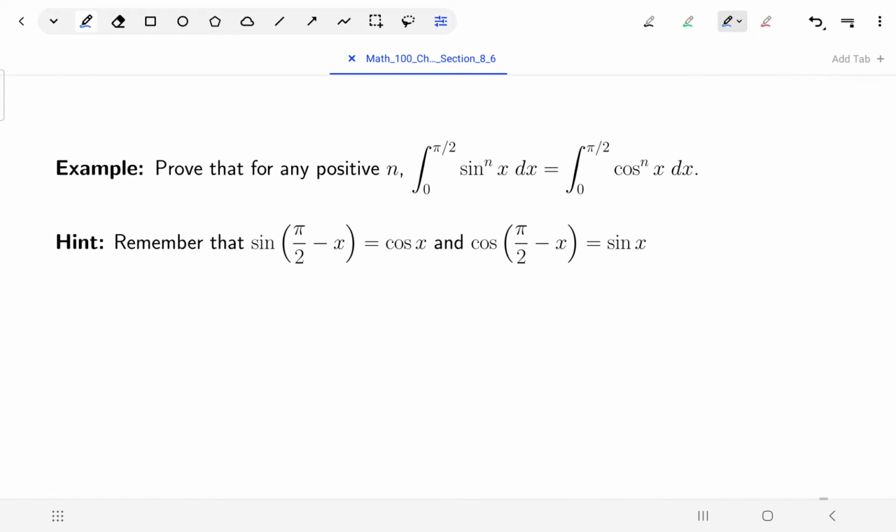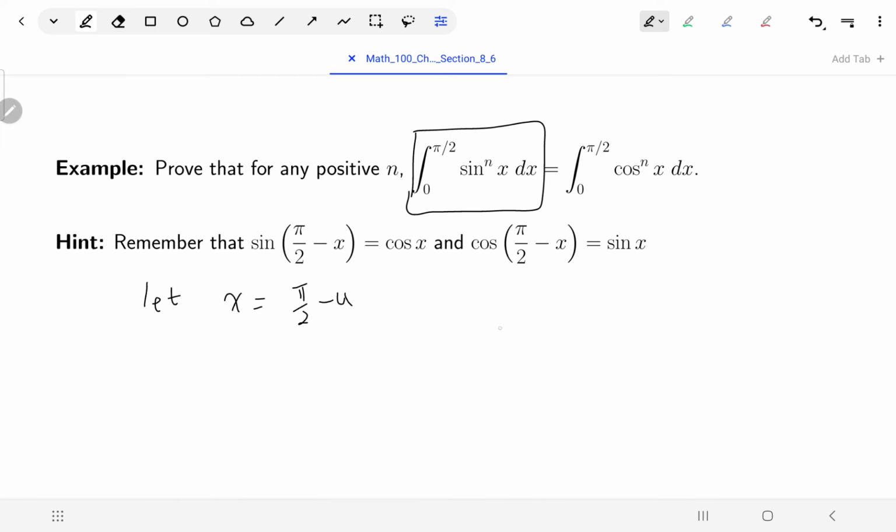So actually, this is my plan here. I'm going to do a clever little substitution: what if I were to replace the x with pi over 2 minus u. I'm going to start off with the left side of my equation. I'm going to start with that definite integral, and I'm going to do that substitution.